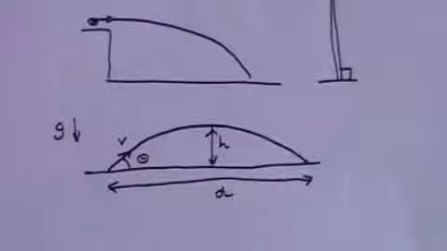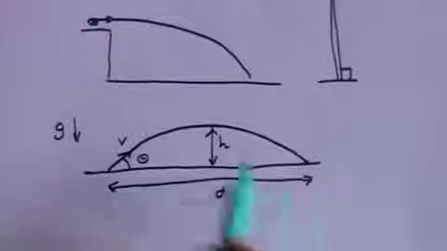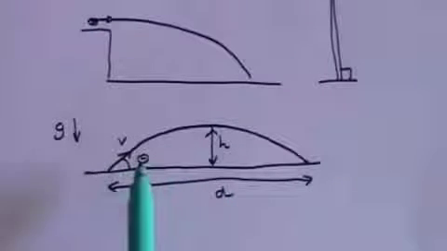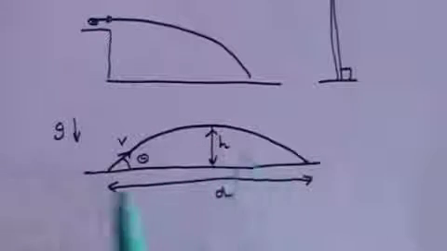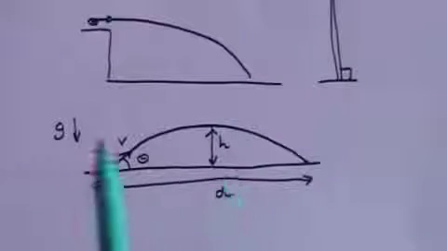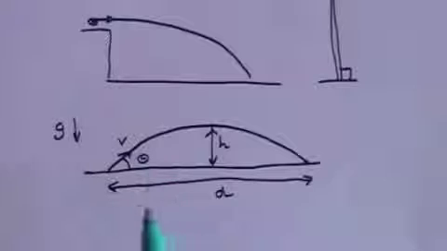Now, in some questions, of course, it'll be the other way around. You might be given d and h and v and theta and asked to calculate g. Any variable is possible, but in the classic, you know g, v, and theta, and you calculate d and h.